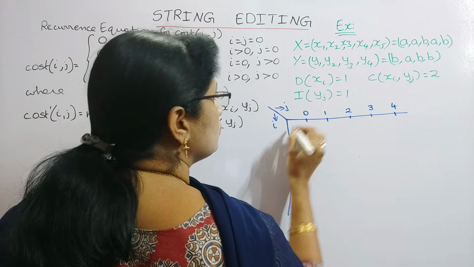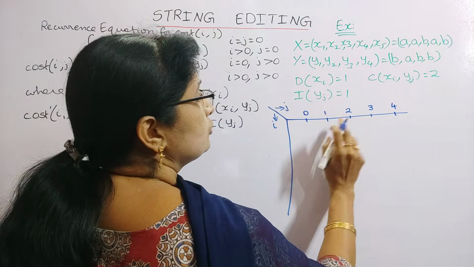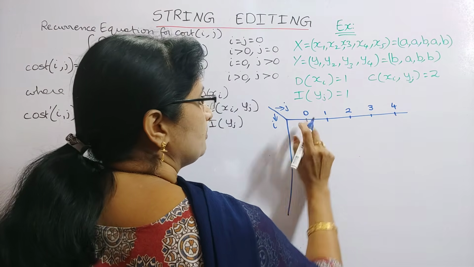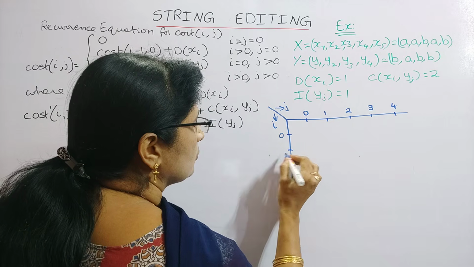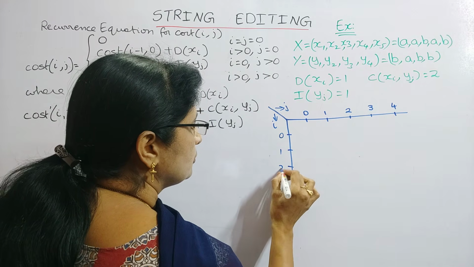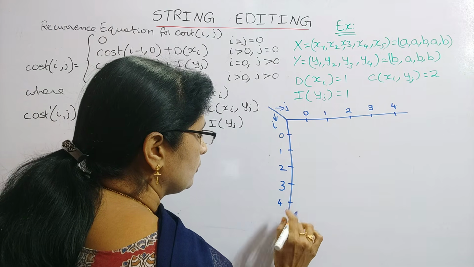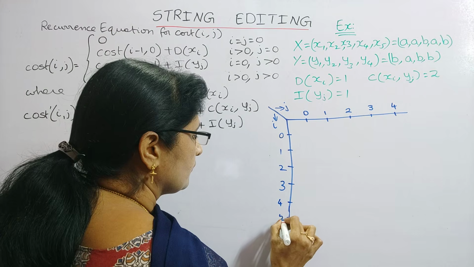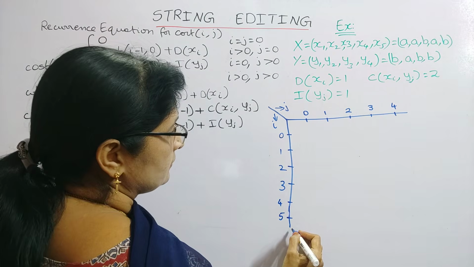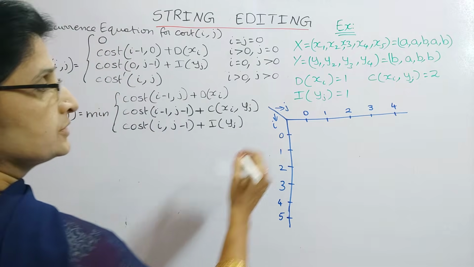Similarly, for X you have in this example 5, and for Y you have only 4, but you should start from 0. So 0, 1, 2, 3, 4 and 5. This is how you get the values.